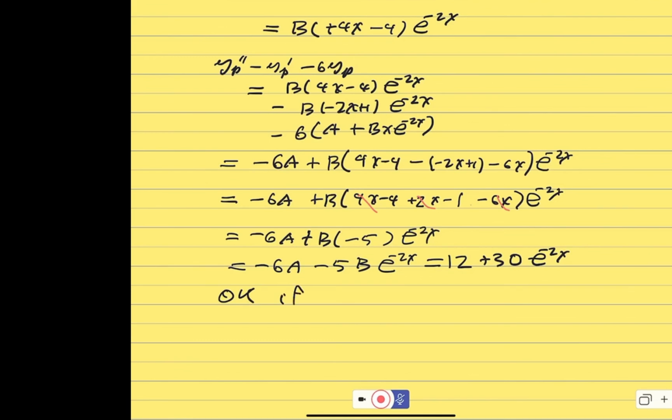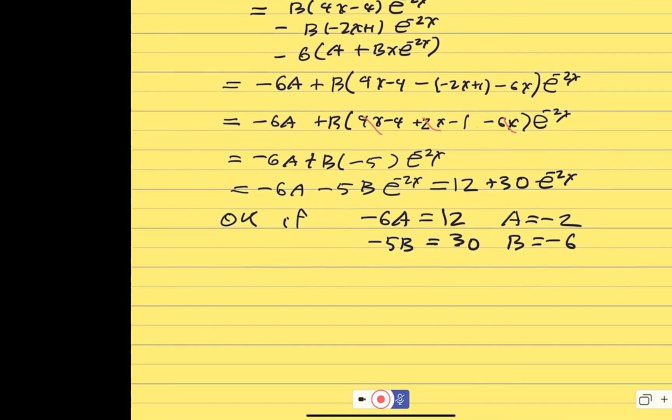If I have minus 6a equals 12, that just says a is minus 2. And for the second part, I need minus 5b equals 30. I'm lining up this part here with this part here. And so that says b is minus 6.